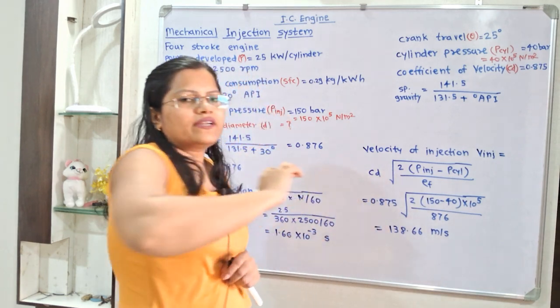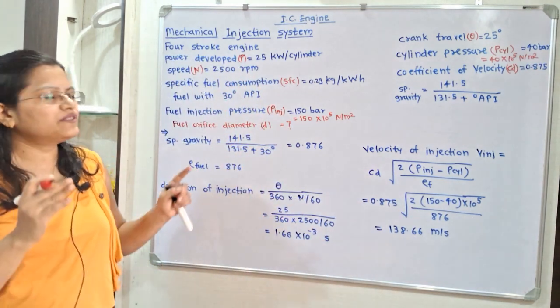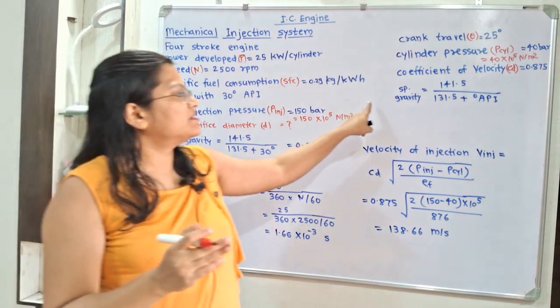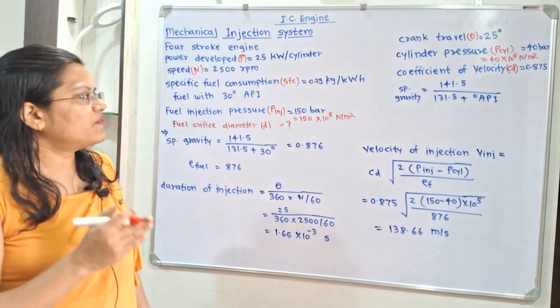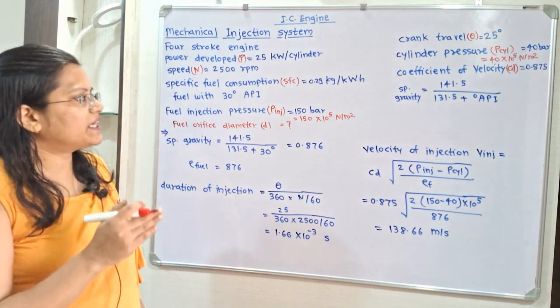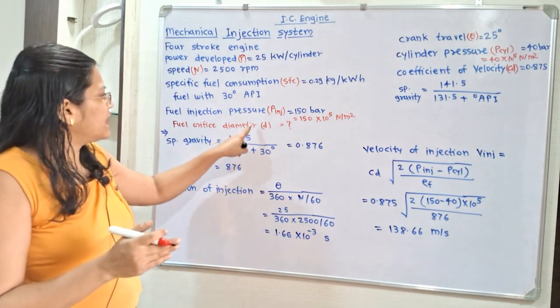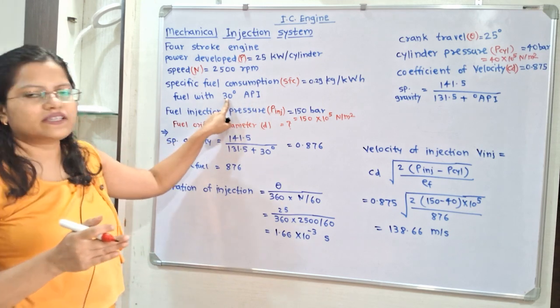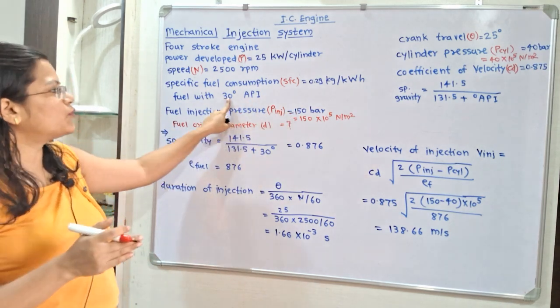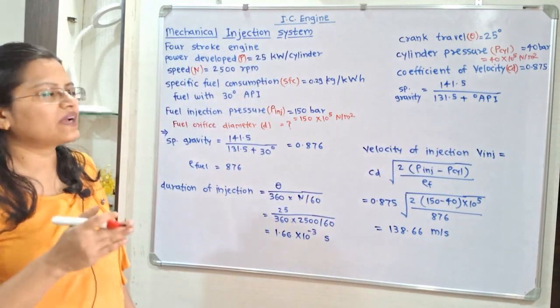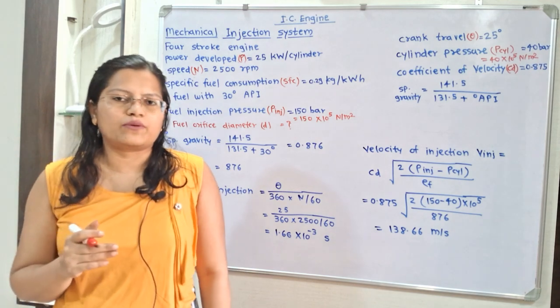It is 0.875. And specific gravity. How to calculate the specific gravity? The formula is given: 141.5 divided by 131.5 plus degree API, where the API in degrees is given, equal to 30 degrees. So we put the value 30 degrees instead of API, and calculate the specific gravity of the fuel.